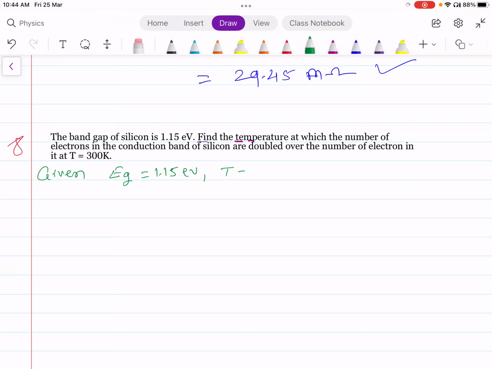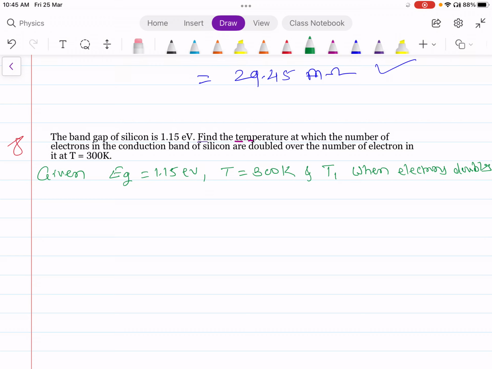Temperature is 300 Kelvin, and we have to find the temperature T1 when electrons double. That's what we have to find.